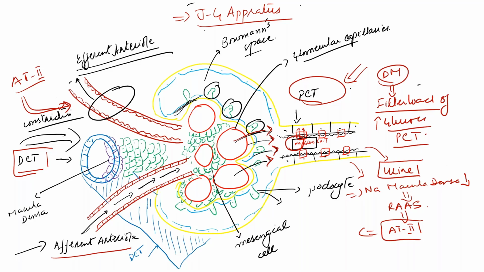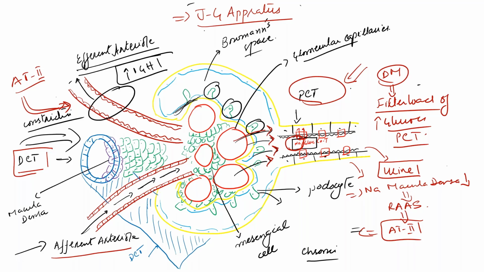When this constriction happens, because blood will not be able to flow out from the glomerulus, that will increase intraglomerular pressure. That will cause intraglomerular hypertension because of chronic constriction of the efferent arteriole, because of increased production of angiotensin 2.